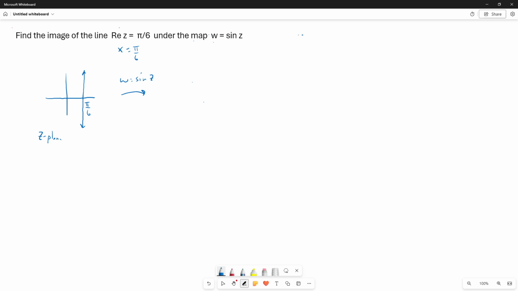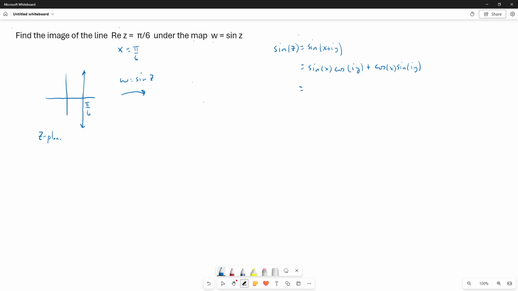So let's consider sine z. Sine of z is sine of x plus iy. And then using the formula for the sine of the sum, we have the sine of x times the cosine of iy plus the cosine of x times the sine of iy.